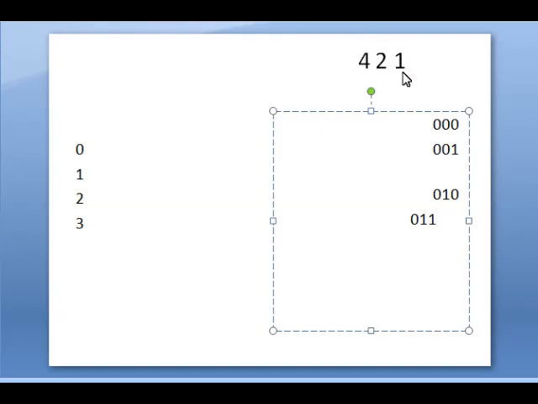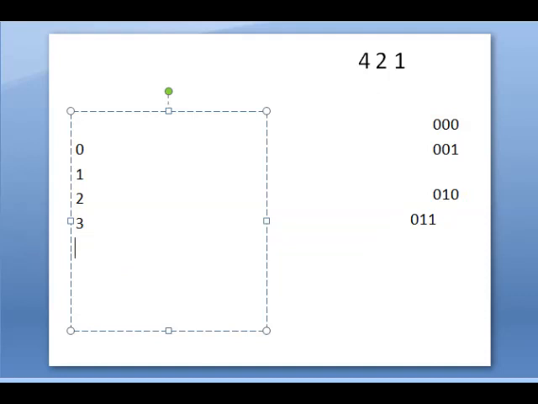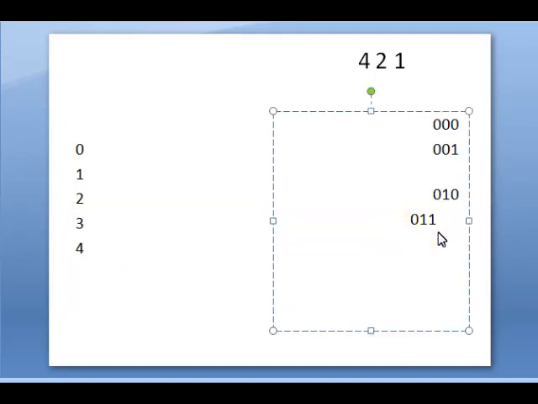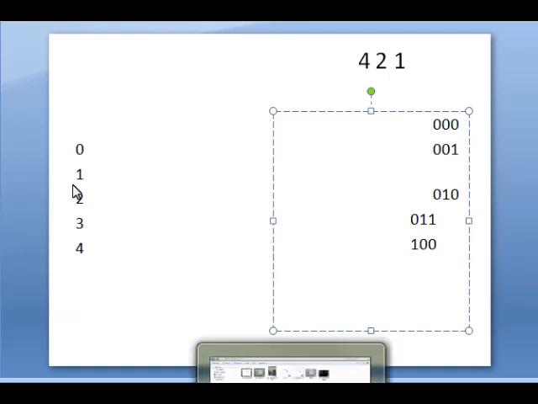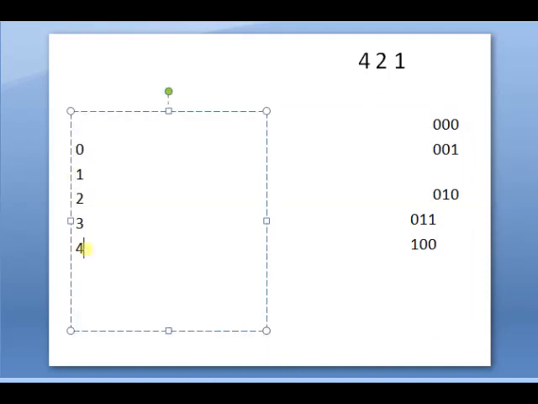So for 4 how will you write? 4 is here, so in the 4's place we put 1, and all the others 0. Now for 5, we are going to write the binary equivalent for the number 5.